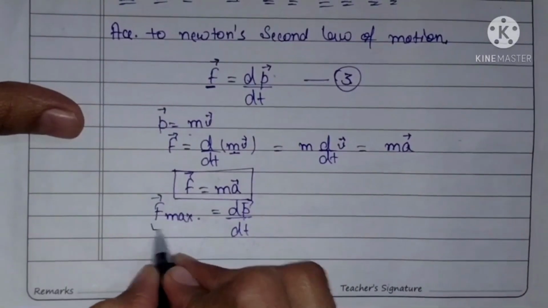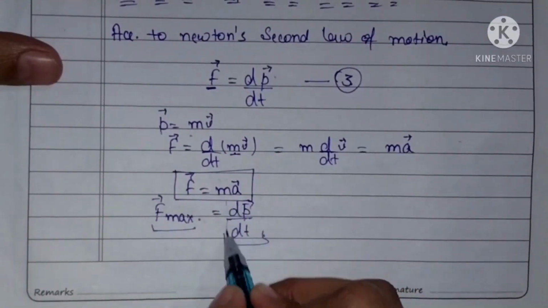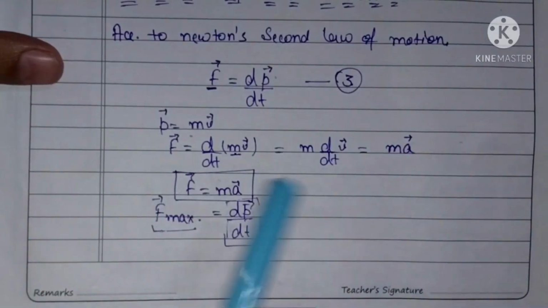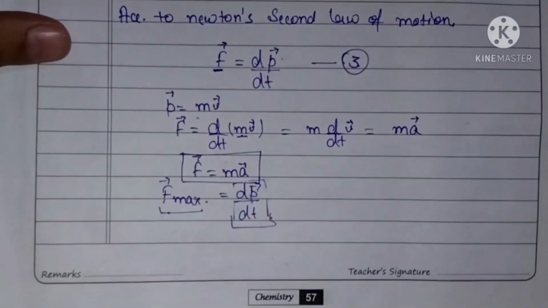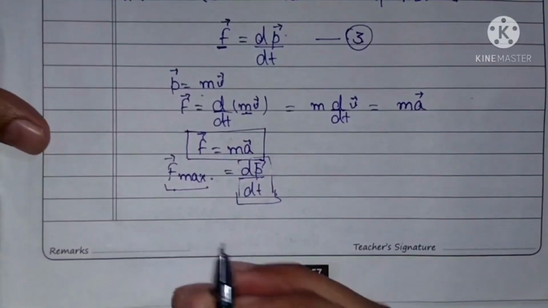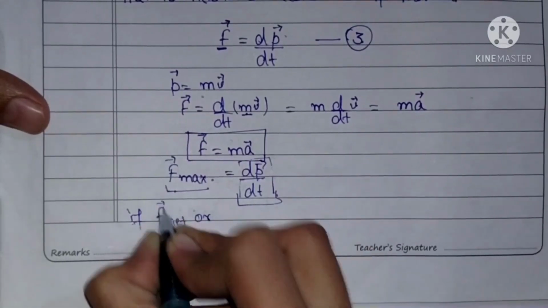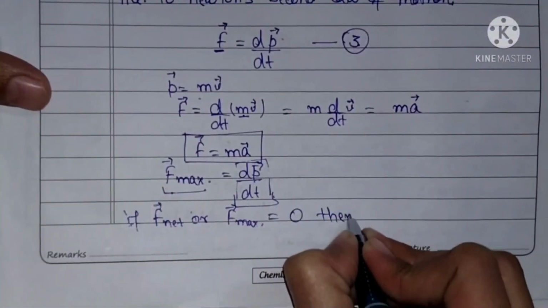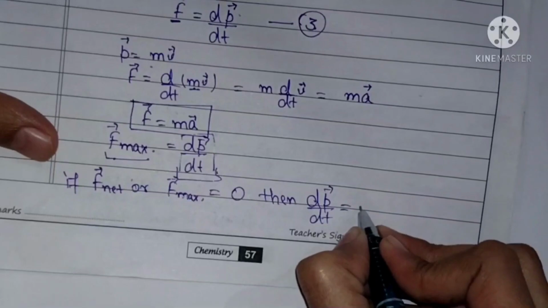We will again write F net is equal to dp over dt. If F net is equal to 0, then dp over dt will be equal to 0.